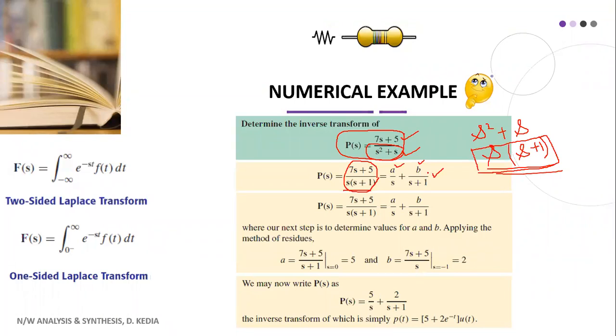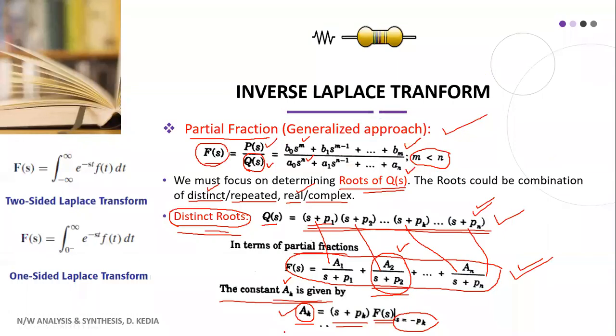Now our job is to find out A and B, and let us do that. This is the expression which is written again. As I told you, we have to determine the value of A. In order to find out the constant Ak, we have to multiply its root (s + pk) with F(s).